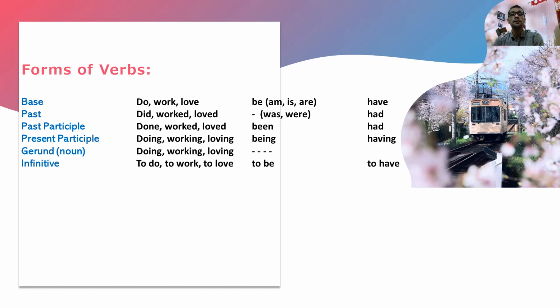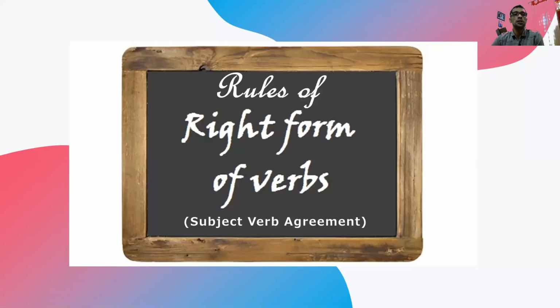Past tense is had. Past participle is had. Present participle is having. And infinitive is to have. There is no gerund for this. So dear students, these are some of the examples. Even if you bring more words, you can actually fit it into this chart and get your answer. Okay, so let's move forward and go to the next slide.